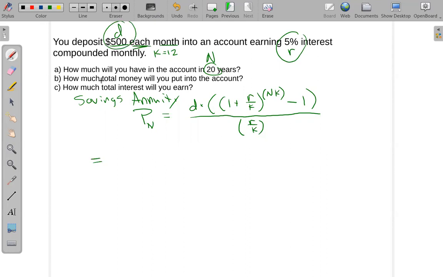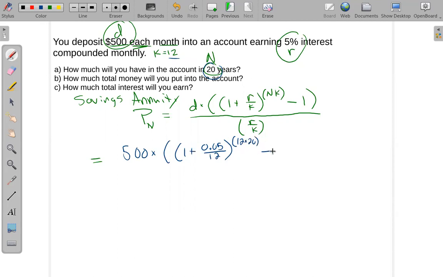So for this instance, we'll have 500 times parentheses, 1 plus 5% is 5/100ths, split in 12 times a year. The power is going to be 12 times 20.